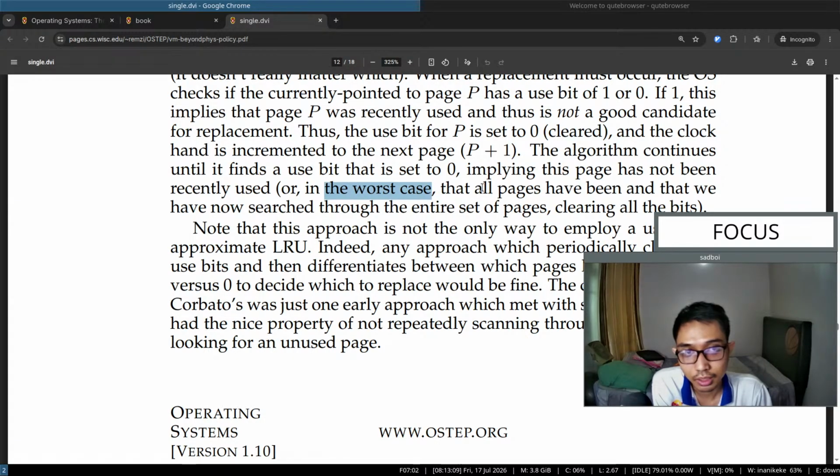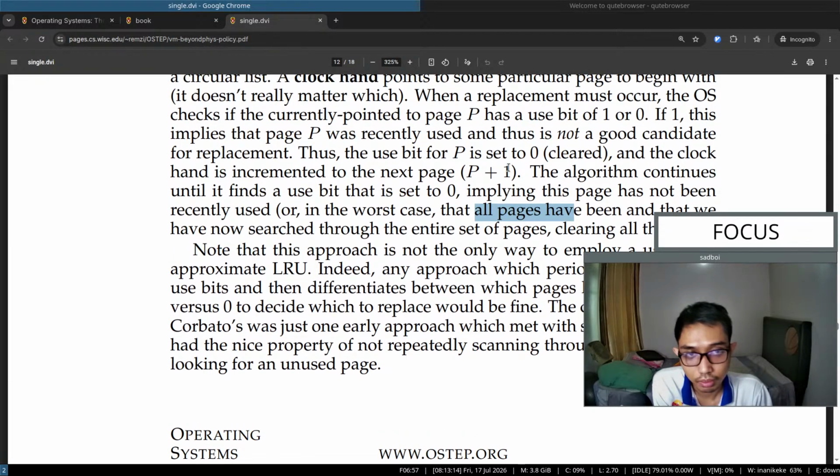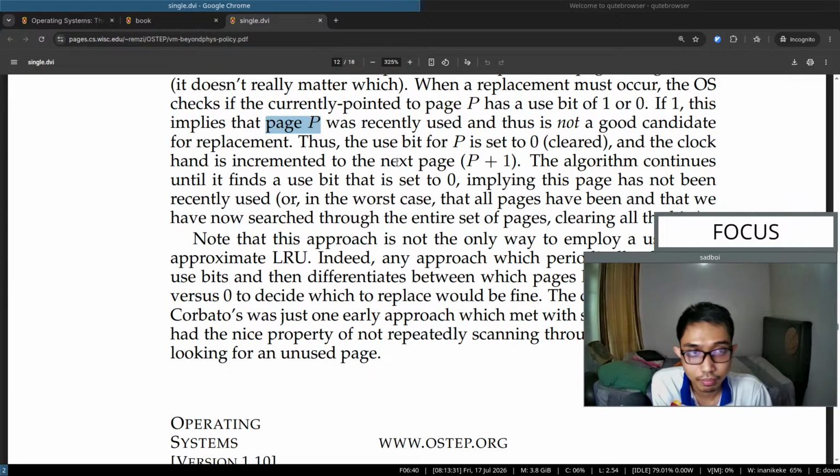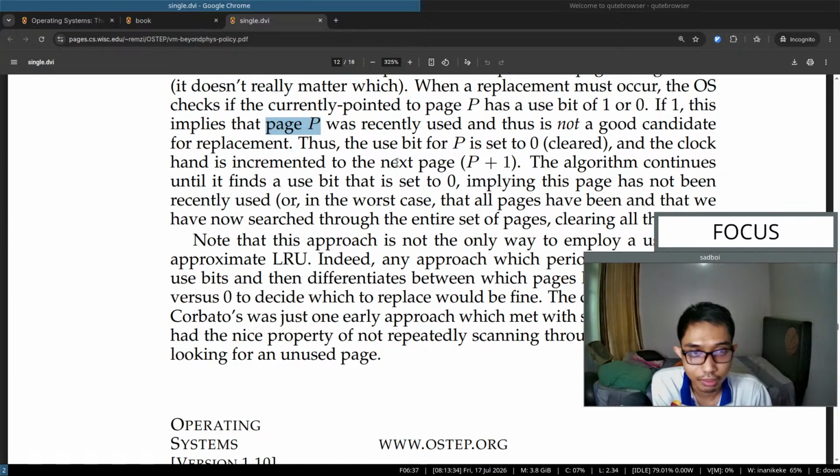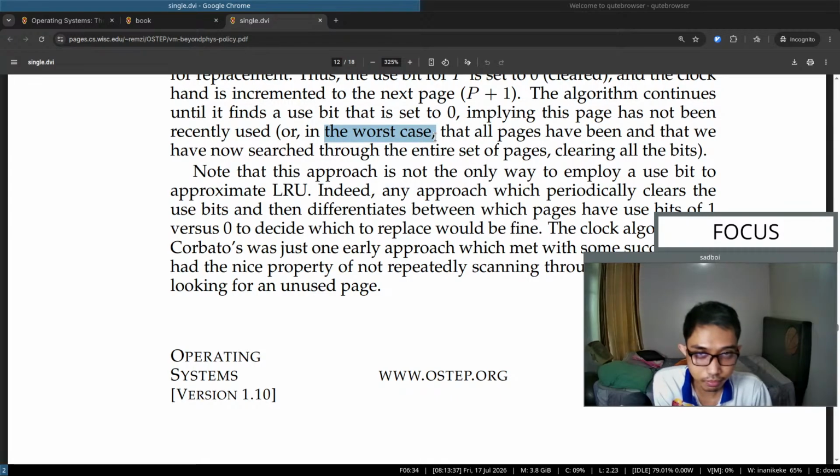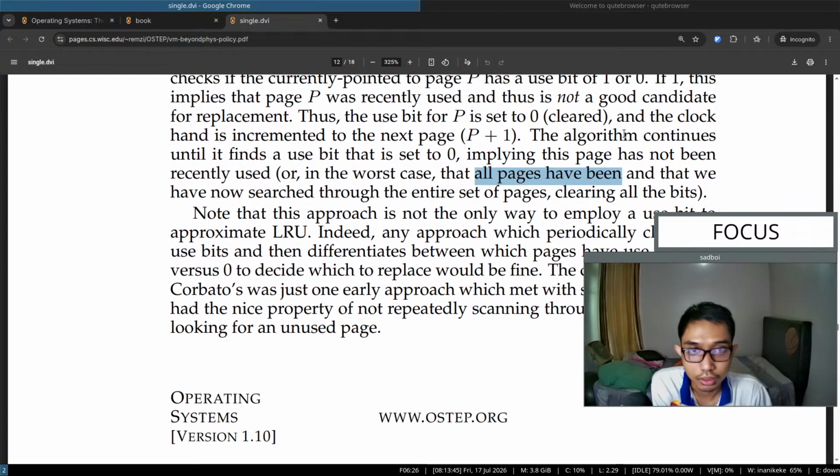If all the pages have the use bit of 1, and then suddenly we are going back to page P, which was cleared previously, are we just going to free up page P? Maybe. It is the worst case, all the pages have been accessed recently, so the use bit is 1 instead of 0.